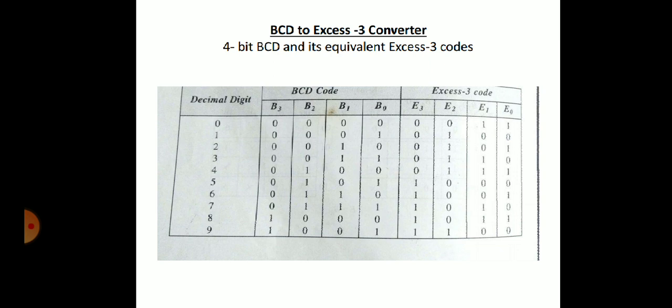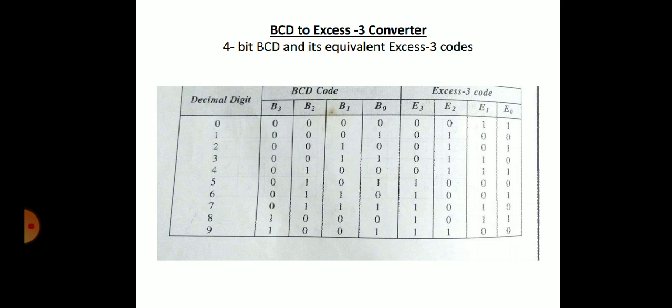In this way, you can represent the XS3 code. And here, as we use 4 bits, you can convert decimal numbers up to 9, because to represent 10 you require a BCD code of minimum 5 digits. As it is 4-bit BCD, you can convert 0 to 9.